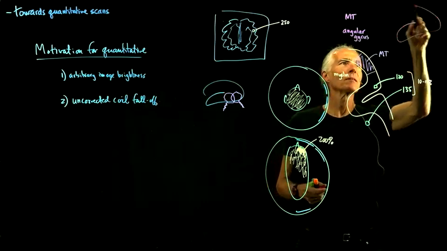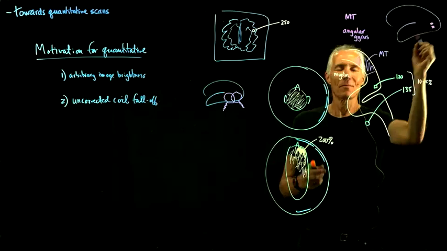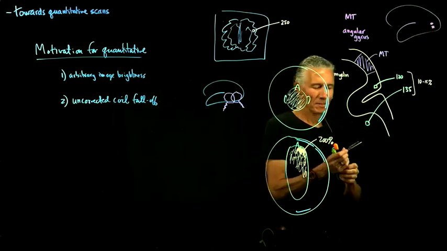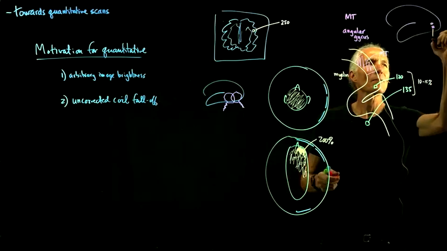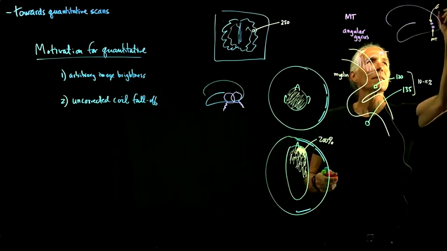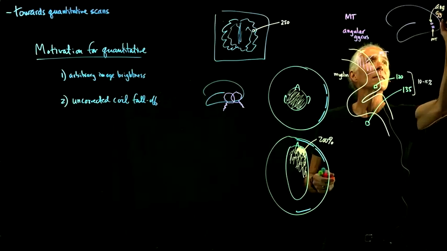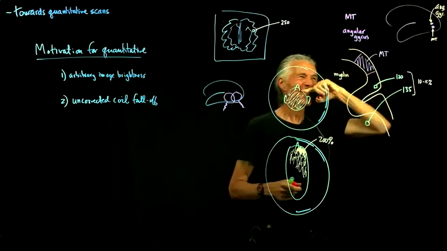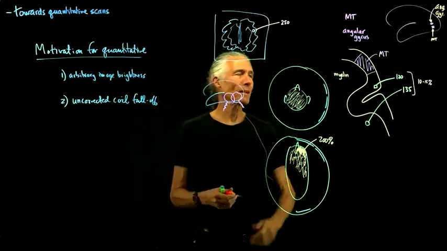Well, if we look at a brain in a human, MT is about there, and the angular gyrus is about there. So they're right next to each other, just a centimeter apart, something like that.